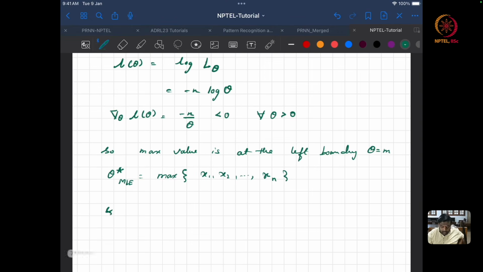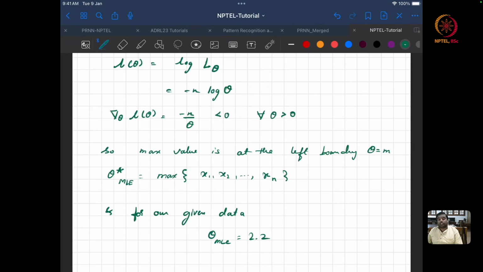Now for our given data, theta MLE is 2.2. Okay, the maximum of those values.